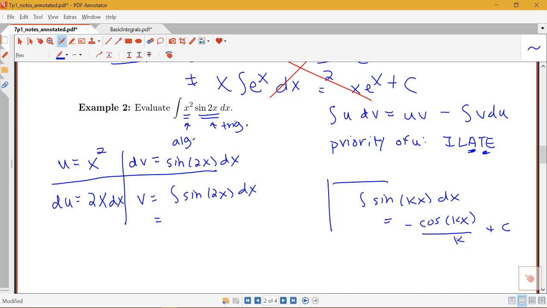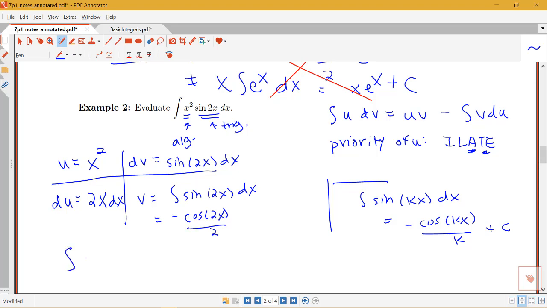When I do the antiderivative, I can divide by that constant. And we know that the antiderivative of sine is negative cosine, because the derivative of cosine would be negative sine. So then I'd have those negative times the negative giving me back the positive sine. So here I have negative cosine of 2x over 2 for my v.